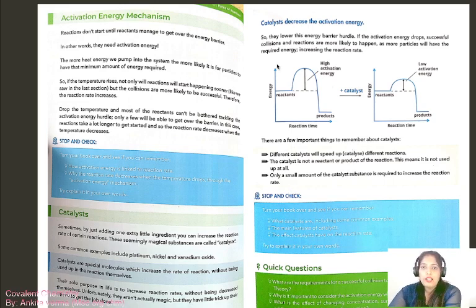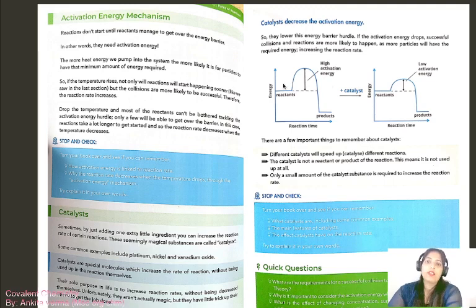So here are the two graphs. We can explain it. For example, this is the reactant and this is the high activation energy barrier, and then it forms the product. What is the role of the catalyst? If we add the catalyst, then it lowers the activation energy barrier.